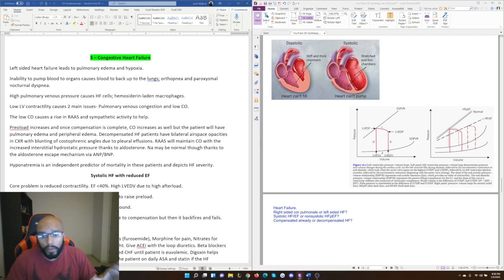It causes sodium urination. So the aldosterone escape mechanism is basically the fact that in patients with heart failure, because of the high ANP, although aldosterone is supposed to retain sodium, the ANP is going to cause them to urinate sodium. So oftentimes patients with heart failure tend to have normal sodium levels.